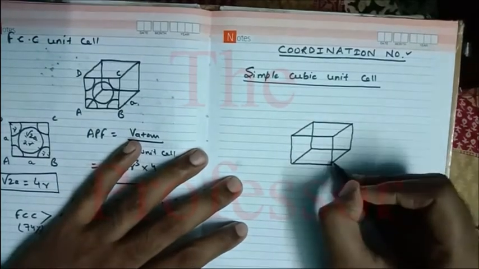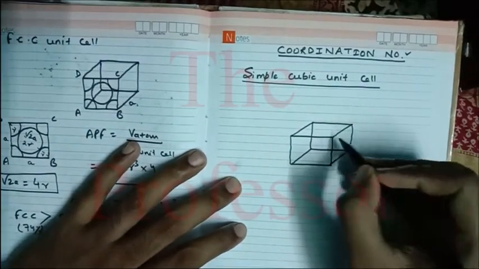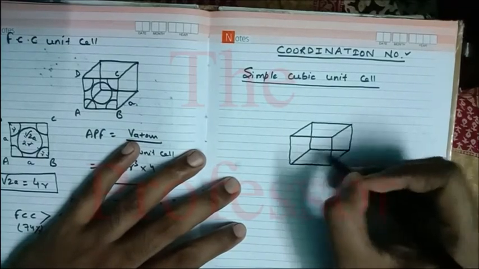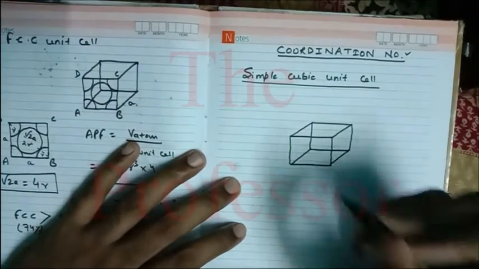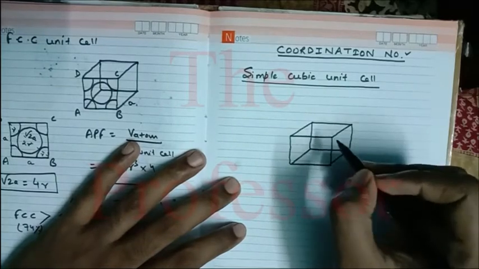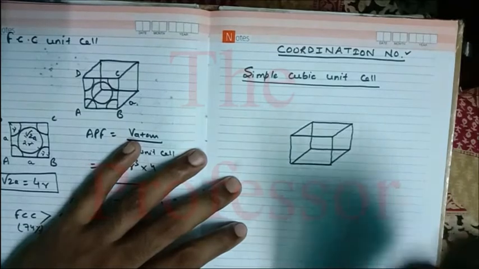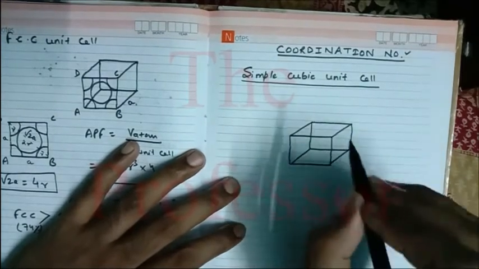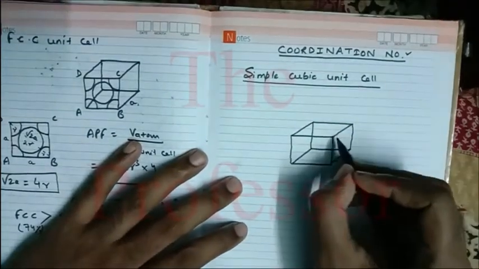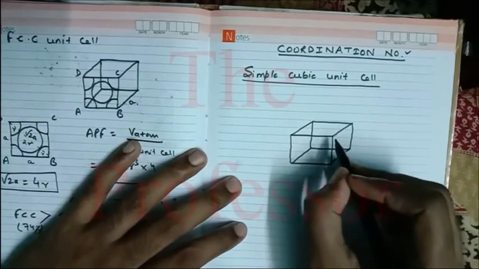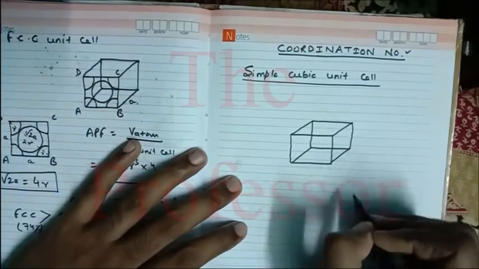Now we know that the atoms are present at each of the 8 corners of this unit cell, but we also have to see the total number of atoms which are in contact in the entire crystal lattice. So we are not going to see just one unit cell, we are going to see the total crystal lattice. So we will have to take into account the atoms which are present also in the neighborhood of this atom.